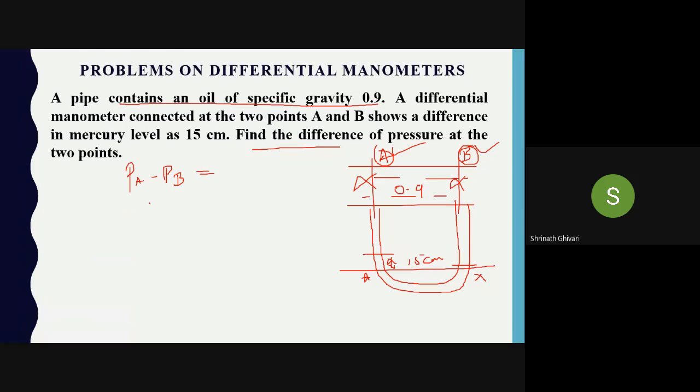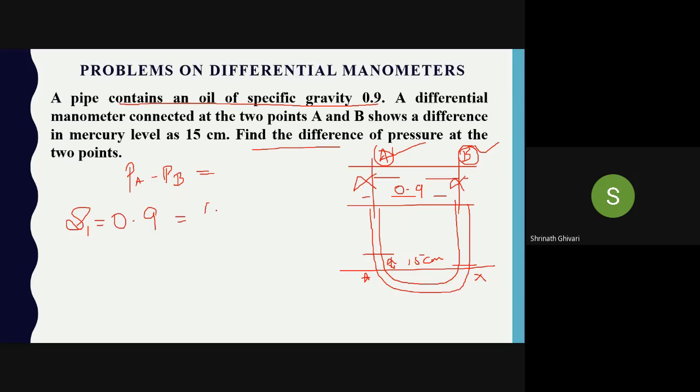How will you find it out? What is given here? We are given the specific gravity of the liquid flowing through the pipe, that is S1.